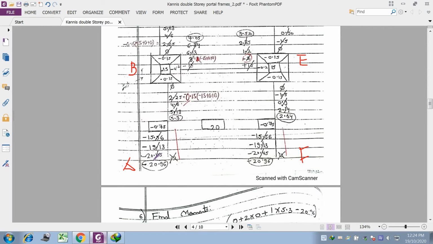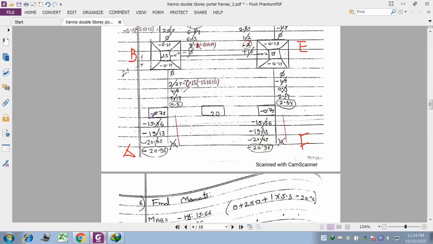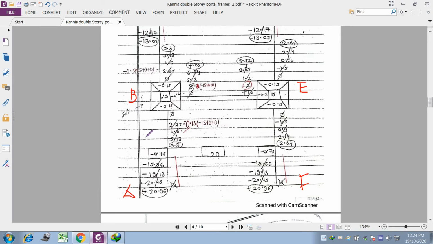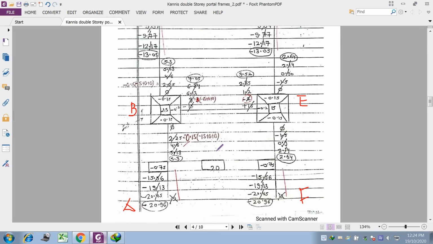First of all, we have to draw the Kani's diagram as per our portal frame, then draw small and big rectangles at the respective joints. Next we have to write the respective column displacement values at the lower level and at the top level, and also the respective upper and lower moments at the respective places.